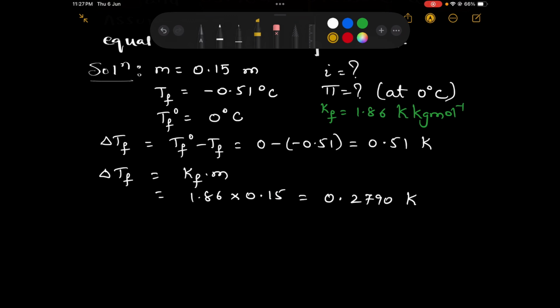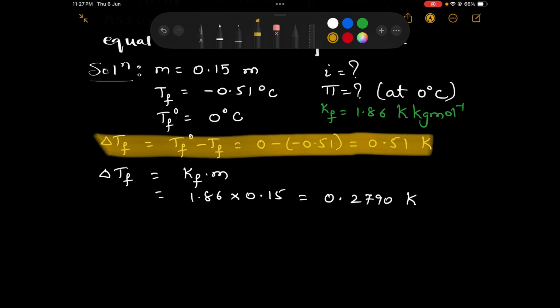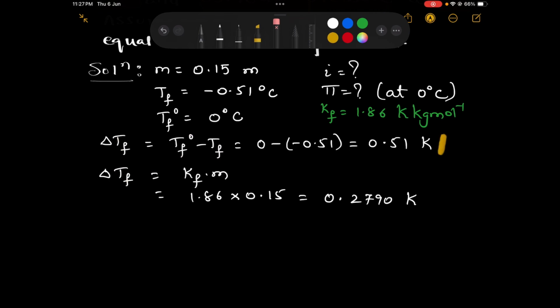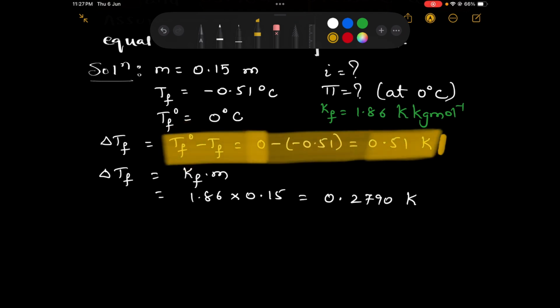Now since we are having two values, observe for delta Tf. One is this one and the other one is this one. So one of them can be taken as delta Tf observed and one can be theoretical. Now what is observed is temperatures. We can measure temperatures by using thermometers.